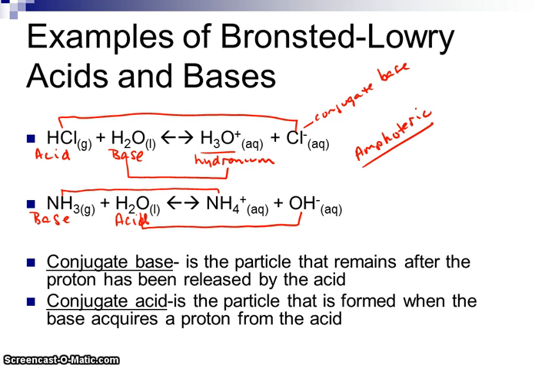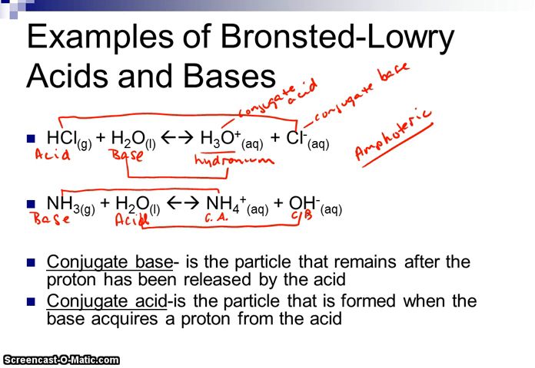And a conjugate acid is the substance that's formed when a base acquires a proton. So when water accepts a proton and produces a hydronium ion, our hydronium ion is now our conjugate acid. So if we look at our second example, our ammonia is becoming ammonium, so our base becomes the conjugate acid, and I'm just going to put Ca there for conjugate acid. And water is becoming hydroxide, so this would be our conjugate base.